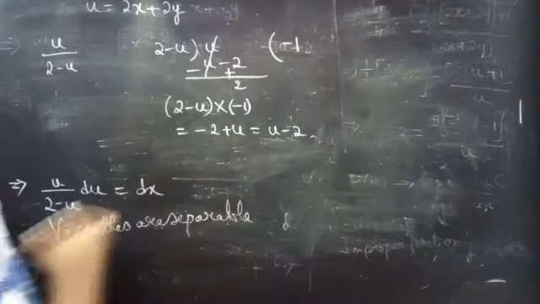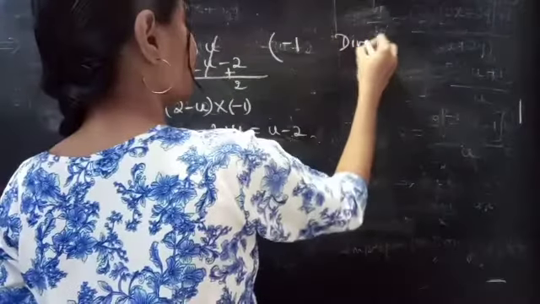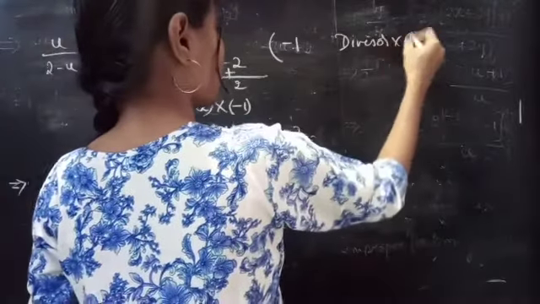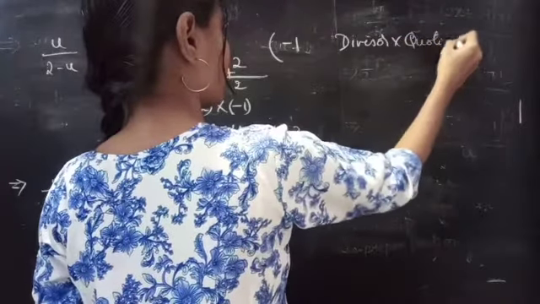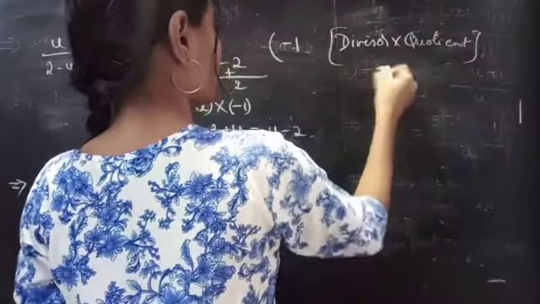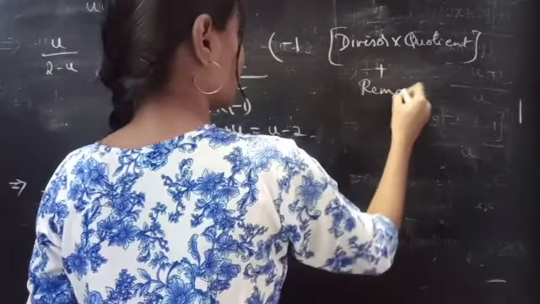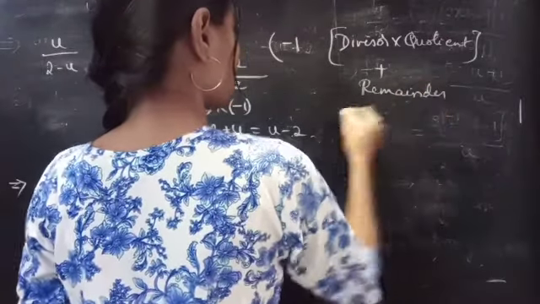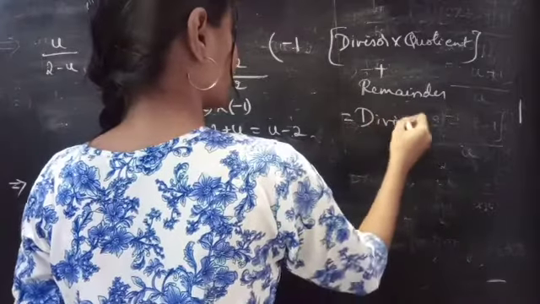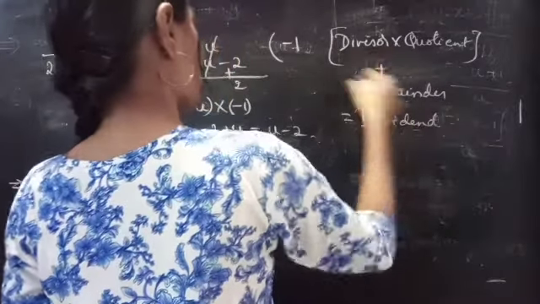We know that divisor into quotient plus remainder gives dividend. So let's consider this.